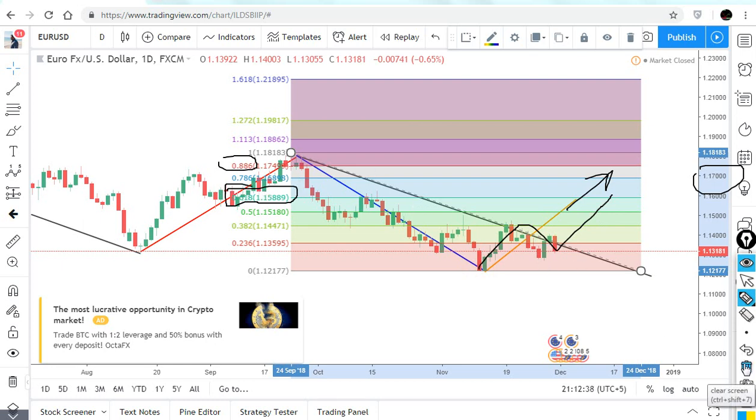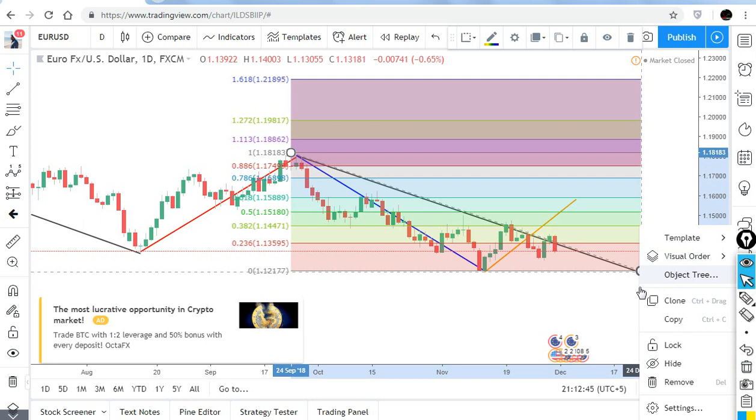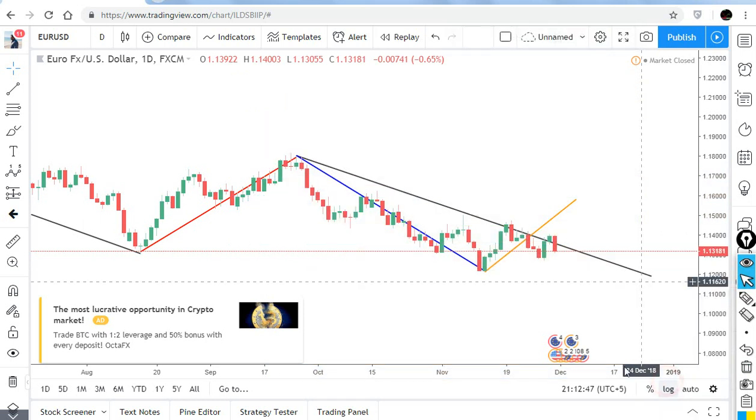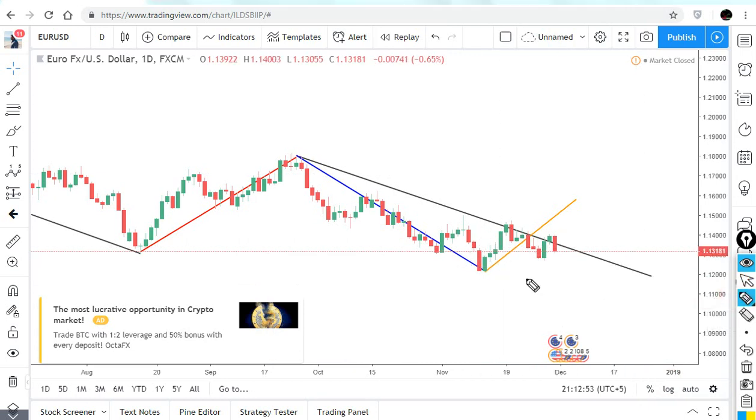Always remember what my trading style is. My trading style is not that I only depend on the parameters. No, I know if I am right here, let me tell you this. If I am right here, right, and I see that the market gives me this touch, right?